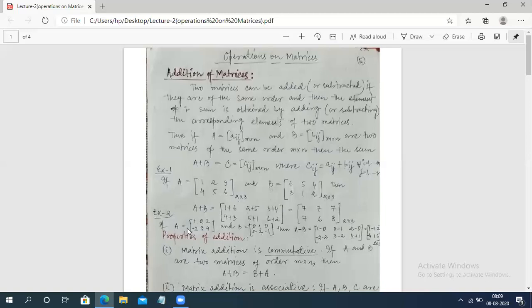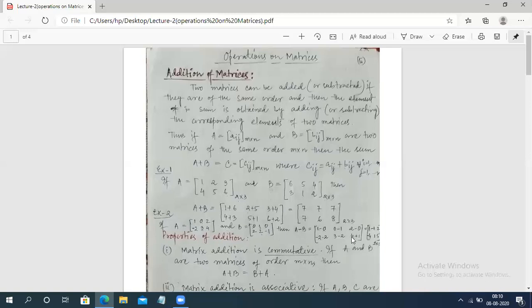So A is this matrix and B is another matrix of the same order. If we are subtracting B from A, then A minus B will be equal to 1 minus 0, 0 minus 1, 2 minus 0, again minus 2 minus 2, 3 minus 2 and 4 minus of minus 1, that is 4 plus 1.